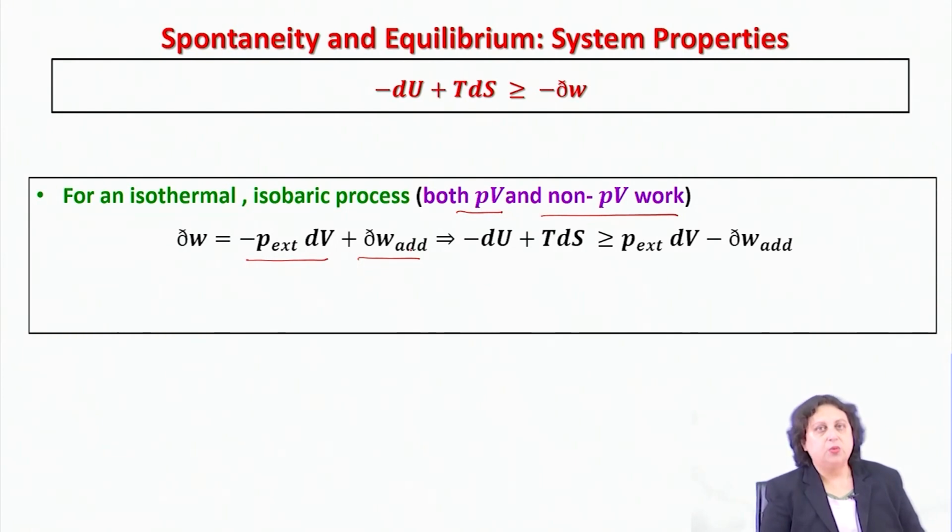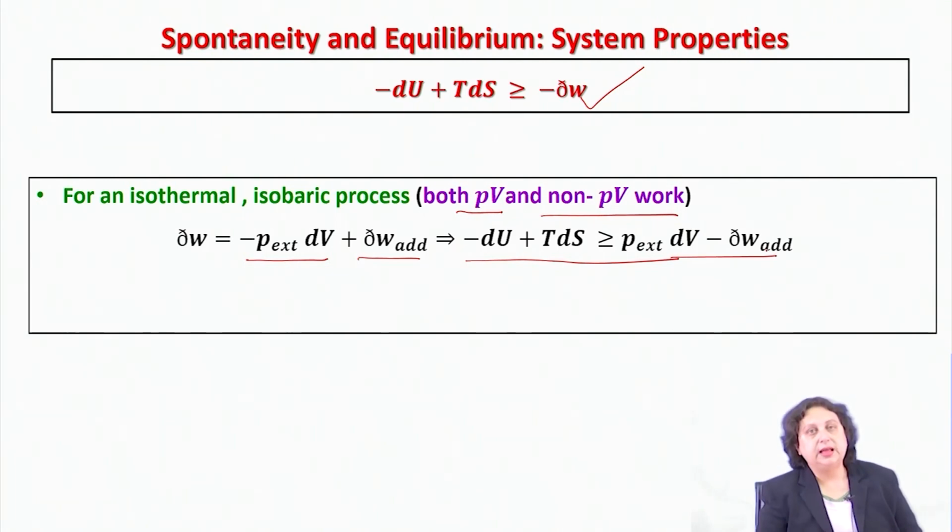In that case, what I will do is, this is what I am going to get on the left hand side of this inequality that I have obtained from the combination of first and the second law of thermodynamics. And this must now include the amount of additional work involved in this process over and above the pressure volume work.